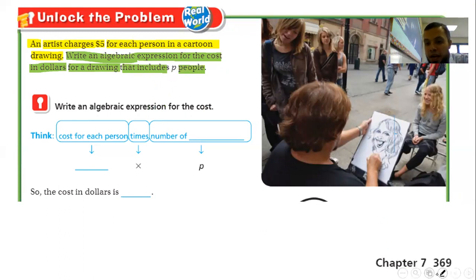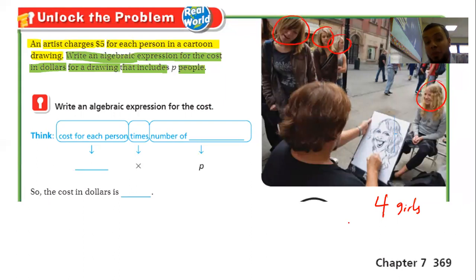Look guys, imagine this artist has drawn a picture for you, this girl, and this girl, this one, and the last one. So how many girls are there? 4. Excellent. 4 girls.